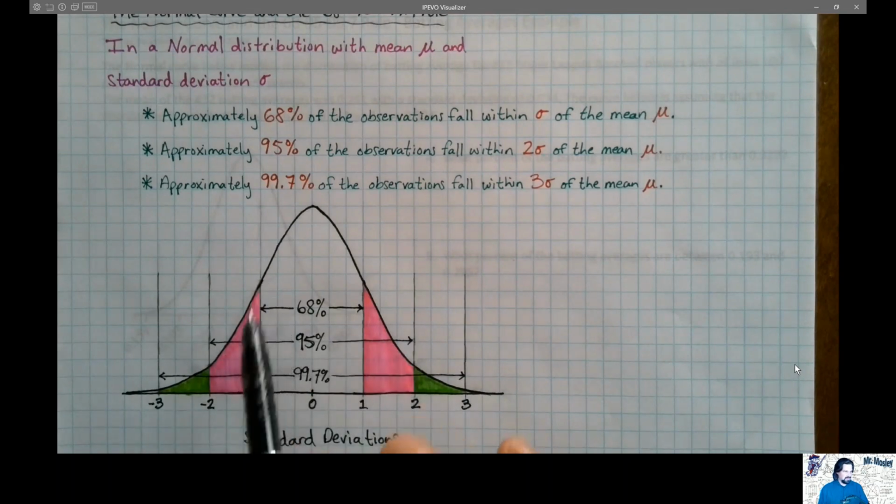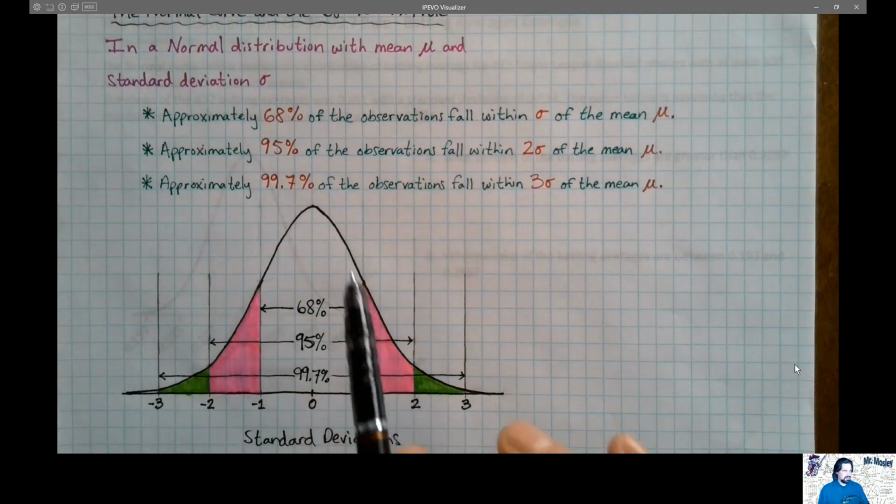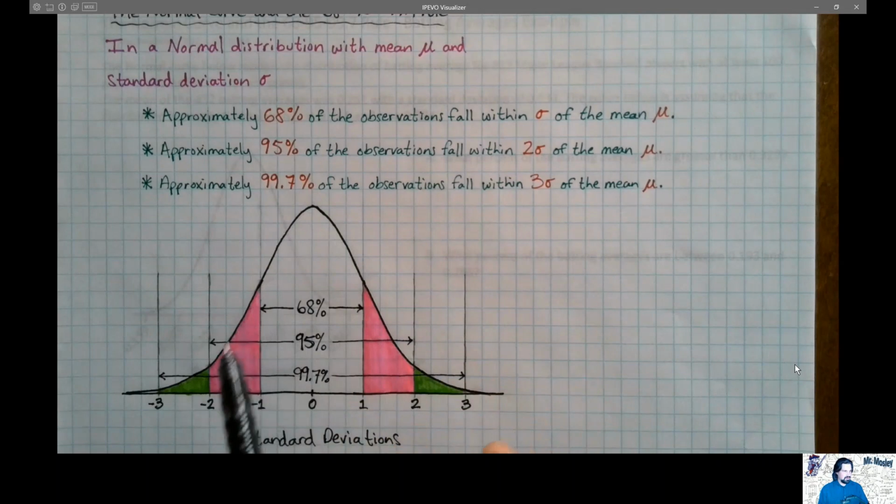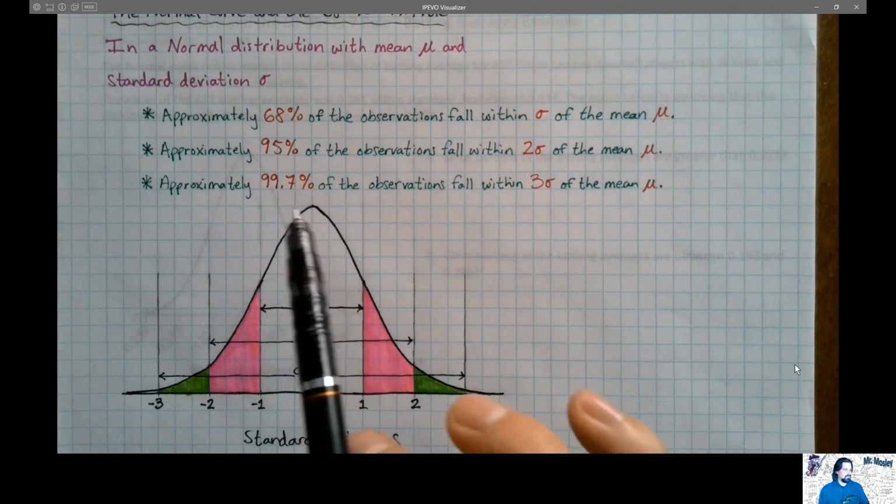And so we've expanded to include this pink shaded area. So it's the entirety of the curve up until the pink ends, 95%. Then we go out even farther to include three standard deviations to the left and to the right of the mean. So now we're including this green shaded area and everything that came before it.